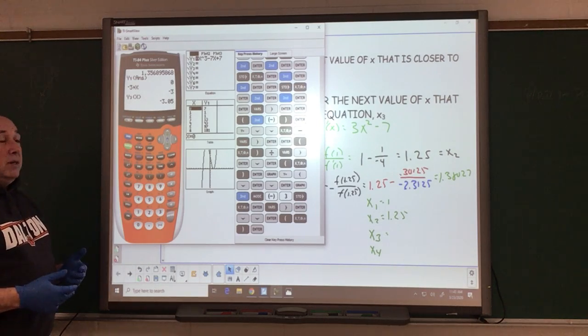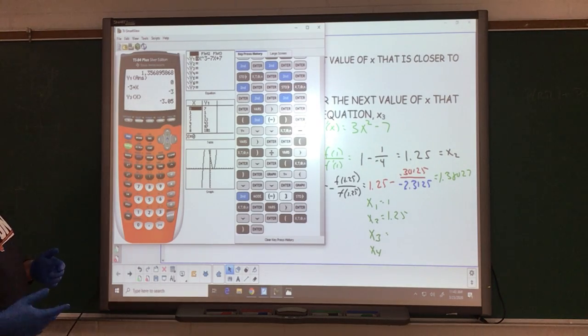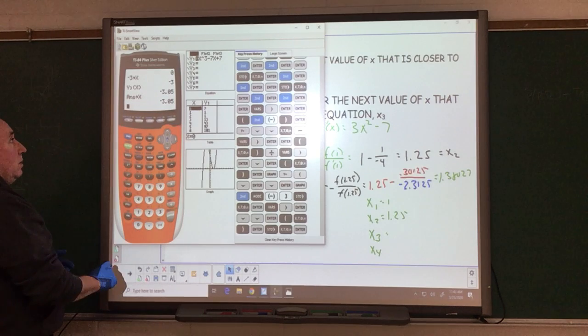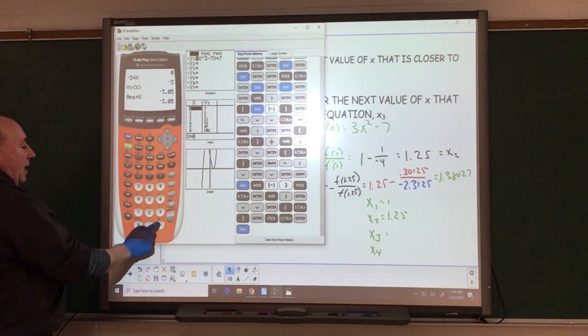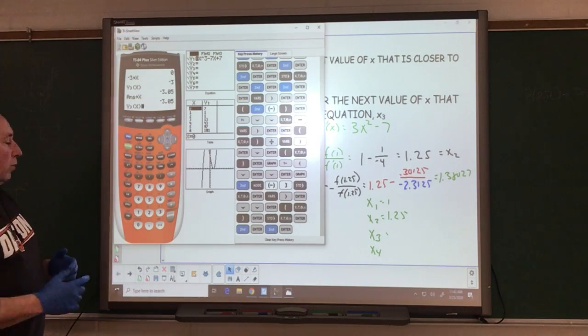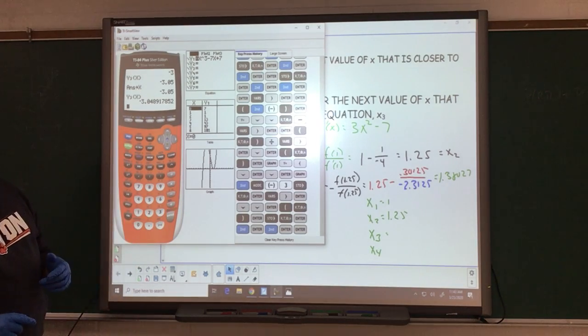I get -3.05. Now we can store this to x, boom, and then second entry. I can pull down that y3 function, which is our Newton method, to get -3.04.